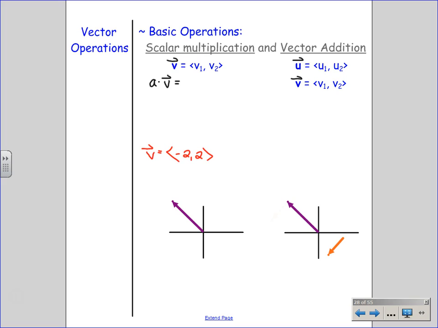So what do you think is going to happen if all of a sudden we have something like 3v? Would that make sense? Your vector is going to be tripled. So guess what the formula is going to be? a times v1, comma, a times v2.